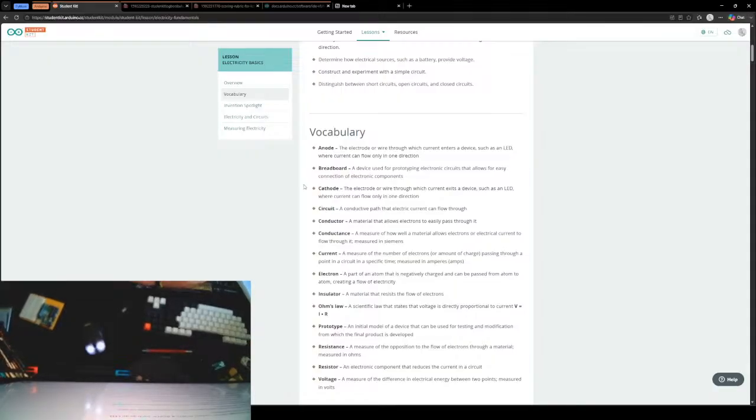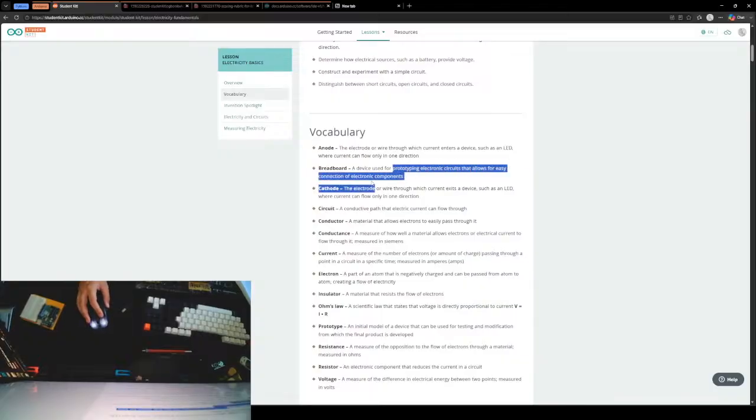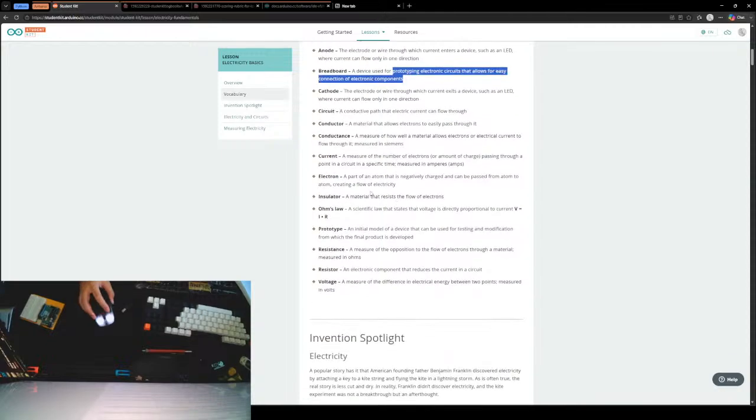So it enters the device, and the cathode is where it exits the device. Breadboard: used for prototyping electronic circuits, allowing for easy connection of electronic components.